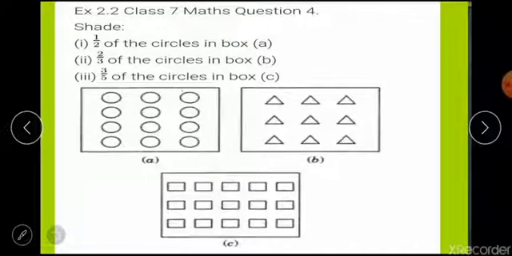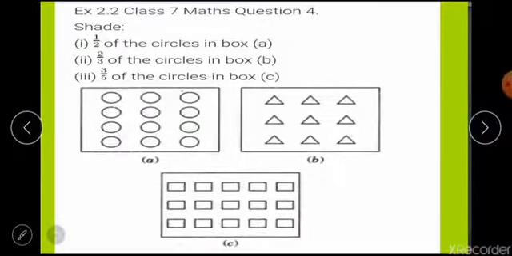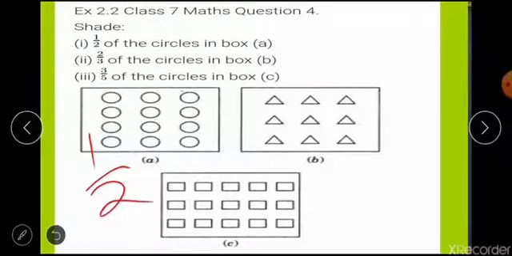Question number 4 is shade 1 by 2 of the circles in box A. Here you can see that some parts are given and some boxes are given and you have to solve. First, 1 by 2 of box A means this one. So what is given?